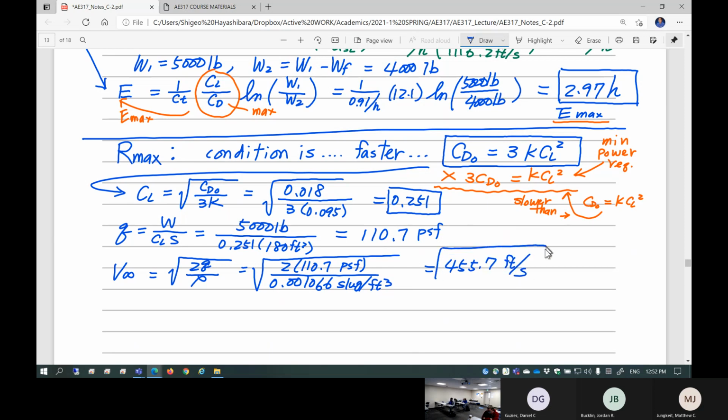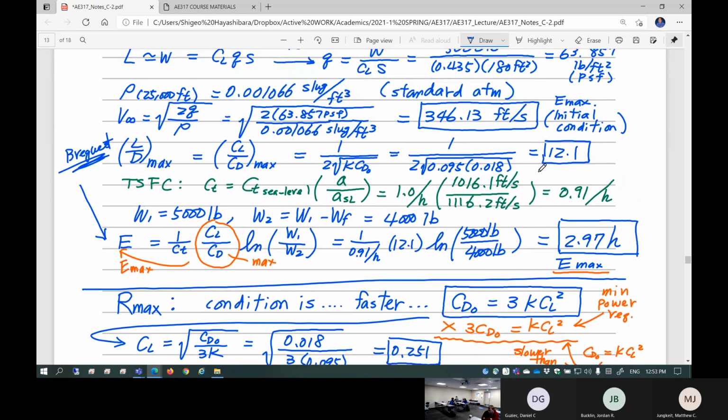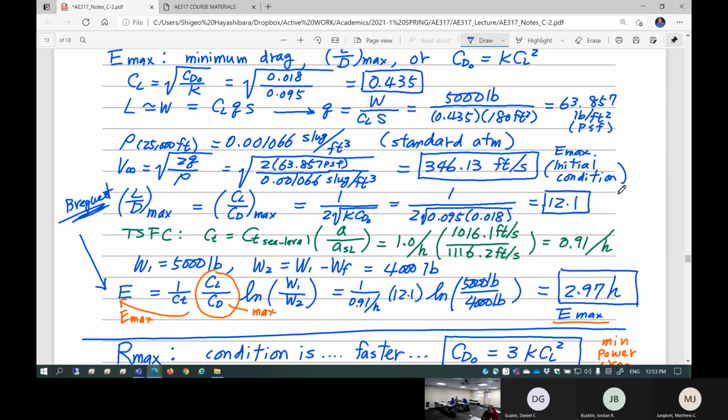So this is a much faster airspeed for maximum range, only initially. Initial airspeed for maximum range. If you compare it against the airspeed you need for maximum endurance, you're flying faster.